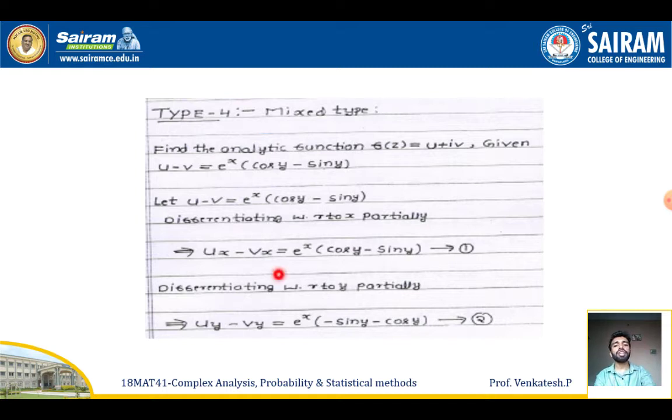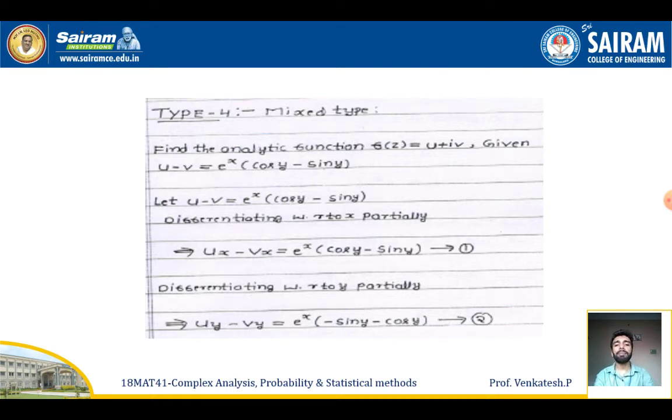Similarly, differentiating the same equation with respect to y partially, I'll get uy - vy = e^x (-sin y - cos y). Call this equation number 2. Now, to find the values of u and v, I'm going to convert this uy and vy in terms of ux and vx by using the CR equations.